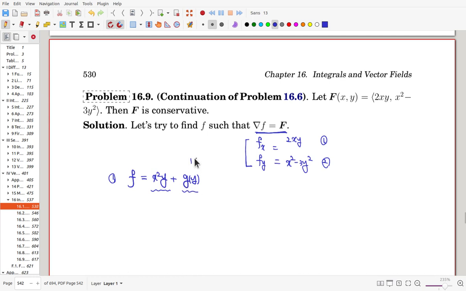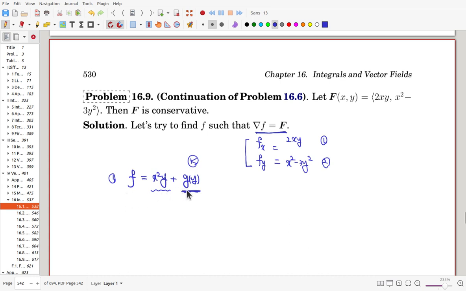Rather than a real constant k, we are using this general constant. So in some sense, a function of y is a constant when we are dealing with the x directional derivative, right? So we have to put this general constant.